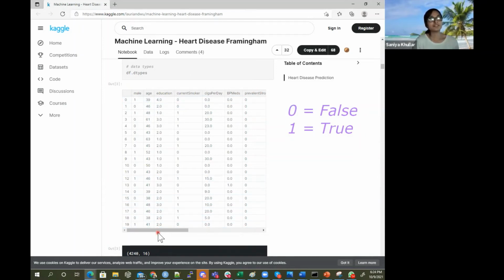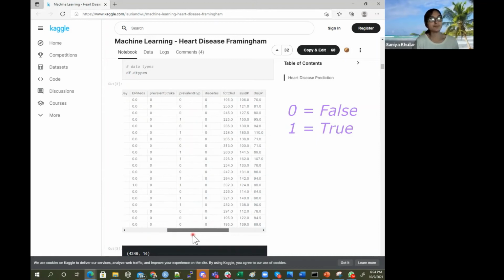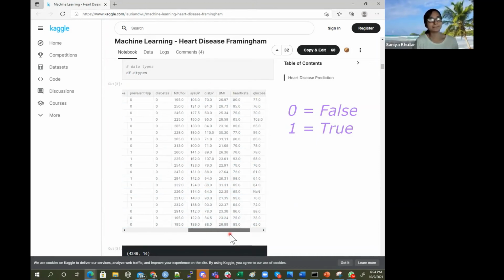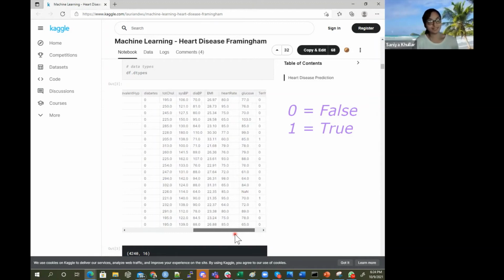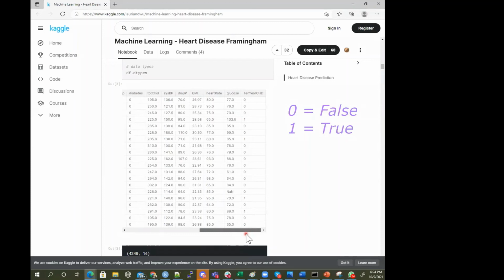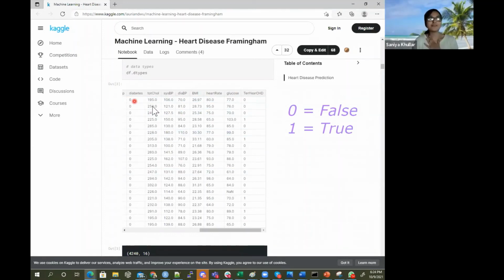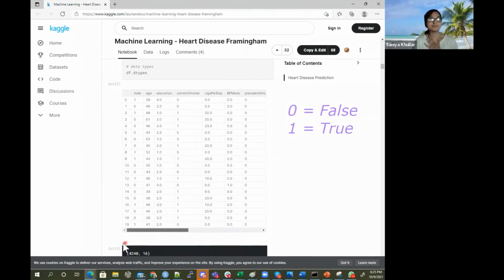Prevalent stroke, the same thing. Those are 0 and 1. Diabetes, do you know what diabetes 0, 1 means? If it's 1, you have diabetes. If it's 0, then you don't.